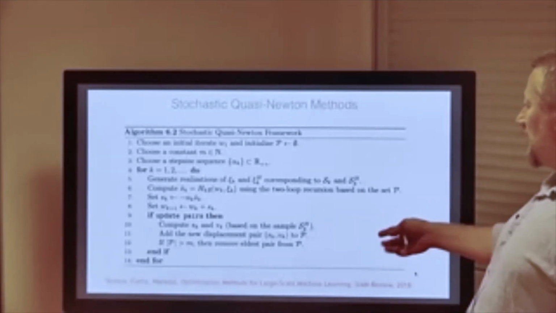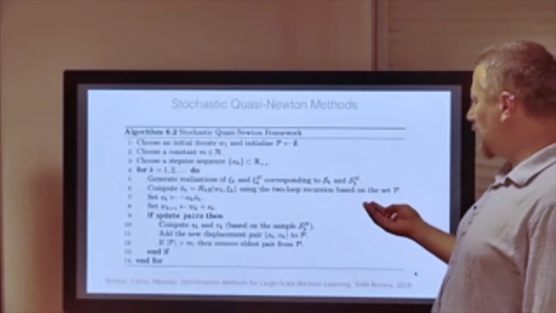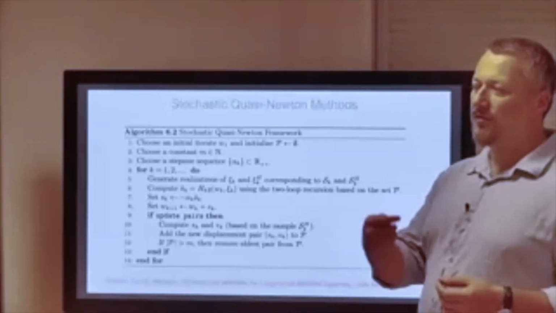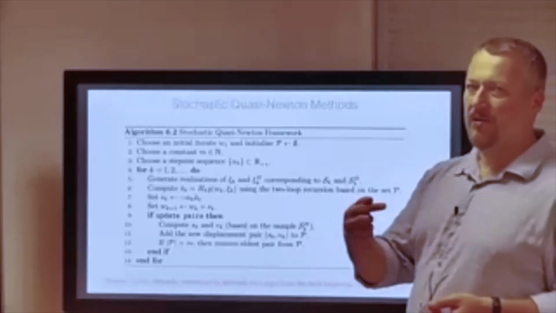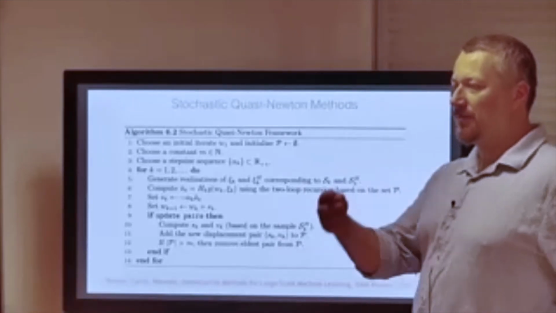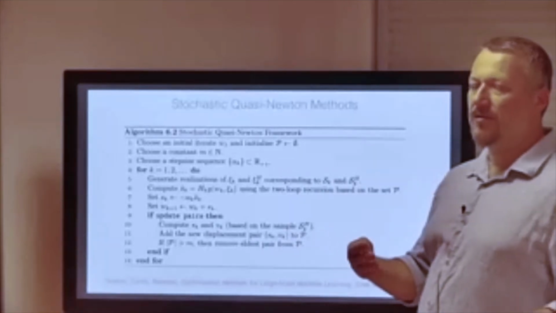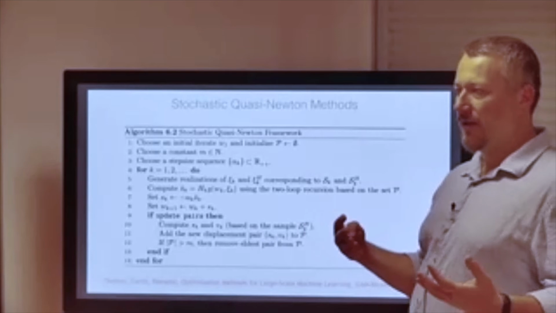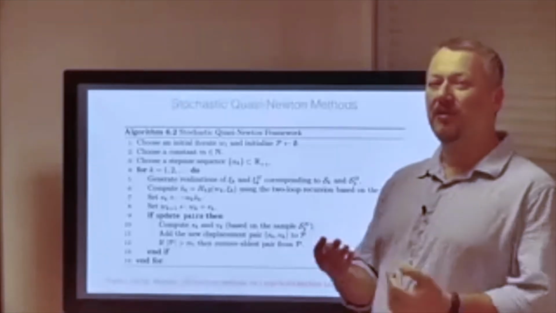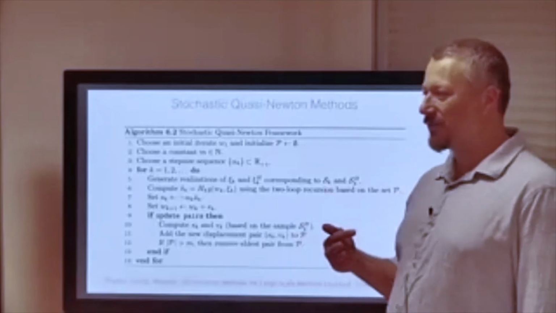I'm not going to go over that in detail, but there are a couple of improvements to the argument. One thing is, if you store every pair from the previous steps and then update your matrix with those, you need a lot of memory, and this is really hard on your computer. It may be impractical to do that, especially when your function dimension is very big.